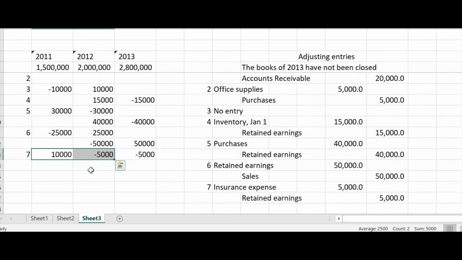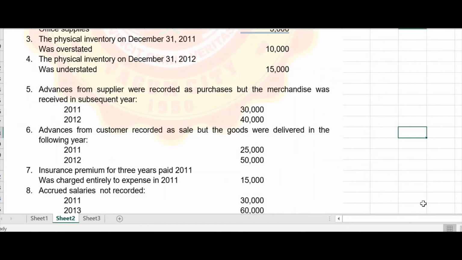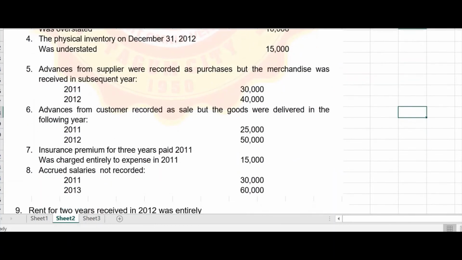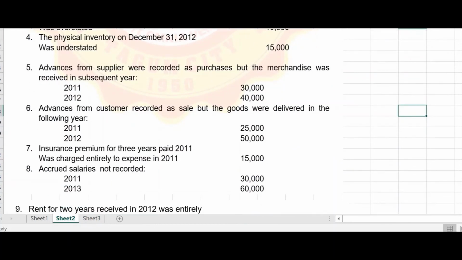Okay? Yan siya. So let's have number 8. Error: accrued salaries are not recorded.